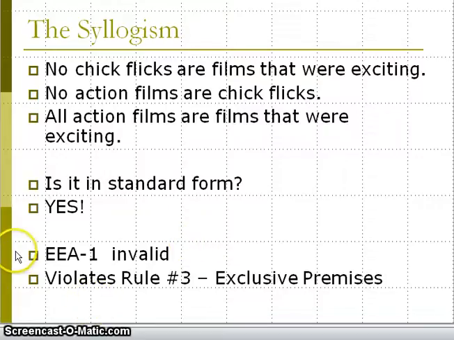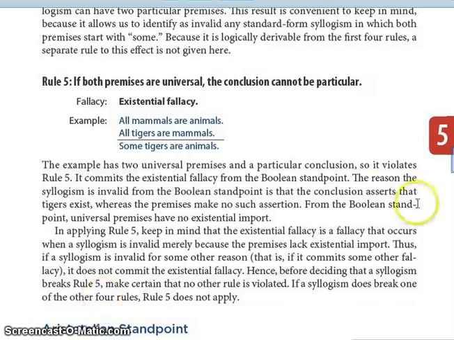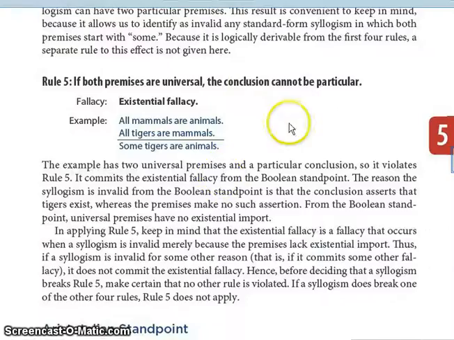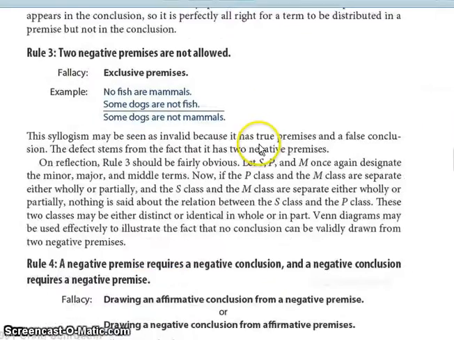Since we talked about the rules last section, let's look at them now, step by step. If both premises are universal, the conclusion cannot be particular. We don't have a particular conclusion, so Rule 5 doesn't apply. Let's look at Rule 4.